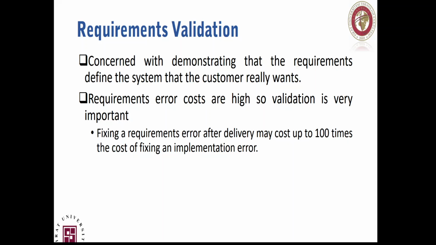Plus, once we are done with recoding or writing new code, we need the testing team to test and create new tests based on the change. So that's why it is extremely costly, sometimes going up to 100 times higher than before. So that's why we have the step of validation before we start designing and implementing the software.